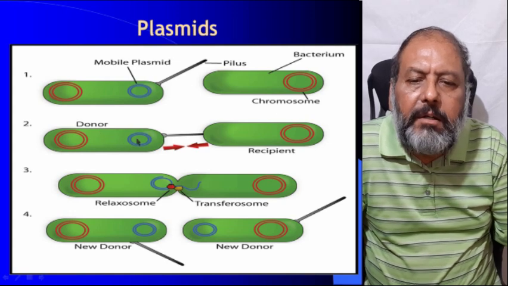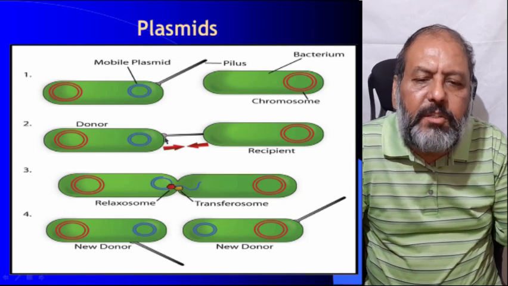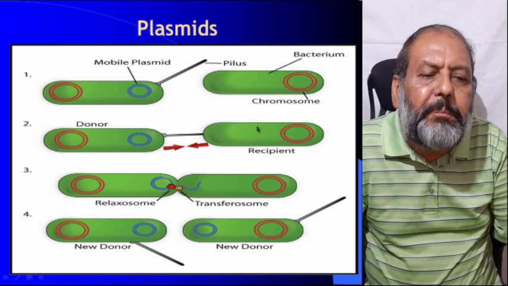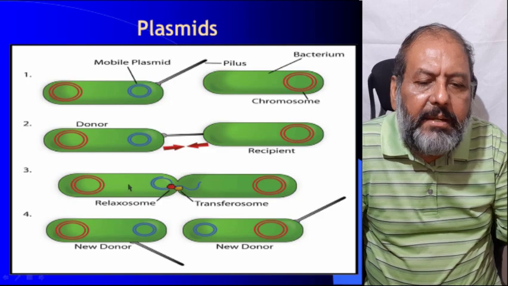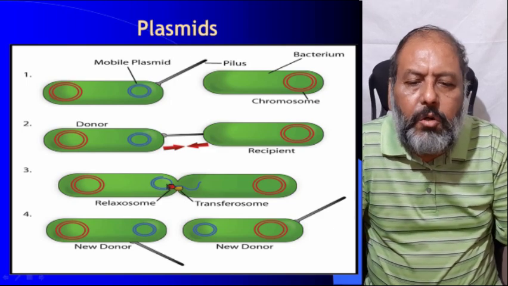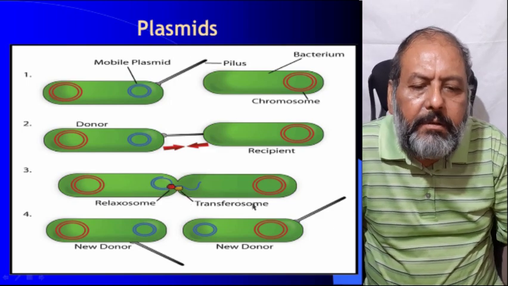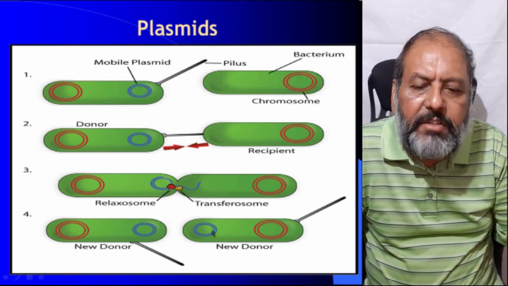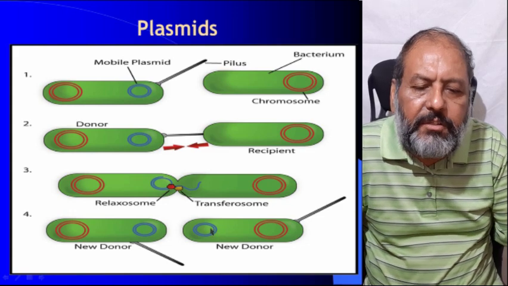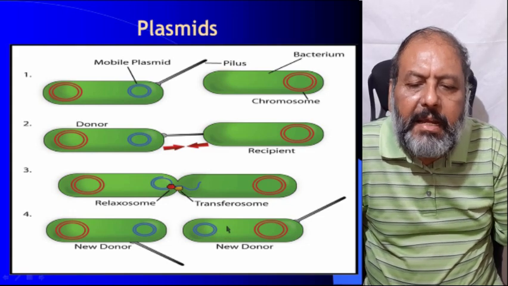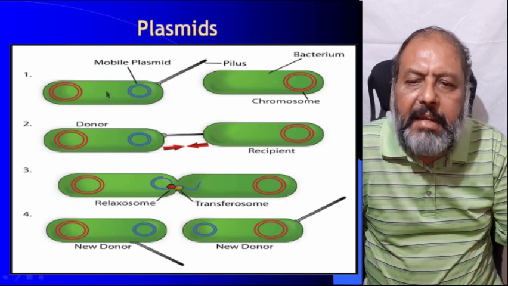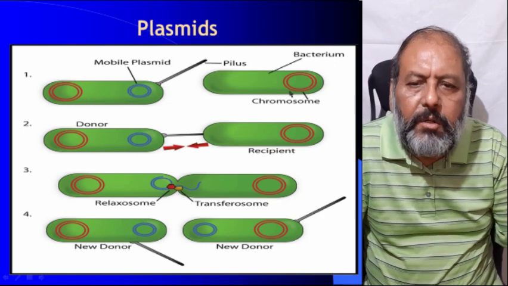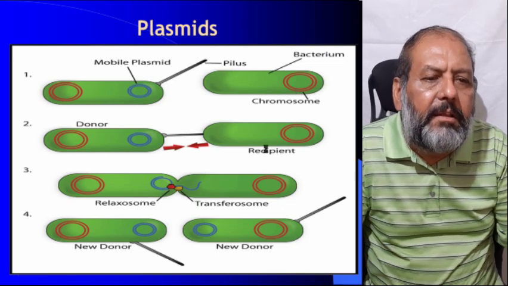So this is the donor, and it is transmitting through the F or sex pilus to this recipient bacterium, and now the relaxosome and the transferosome are being transferred to this recipient cell. After receiving this plasmid, the recipient becomes the new donor, and it can work like this to transfer the genes from this bacterium to other recipient bacteria.